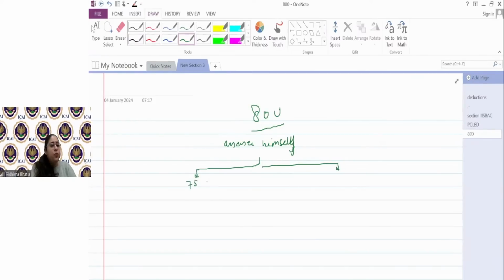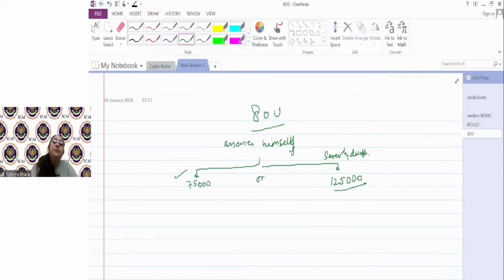That means, irrespective of whatever expenditure is happening, whatever income you have, you can claim a deduction of 75,000 if the assessee himself is disabled. But if he's severely disabled, meaning more than 80% disability, then this deduction is 1,25,000. So it is a flat deduction without condition. Got it? Simple, finished. There is nothing else in the section.